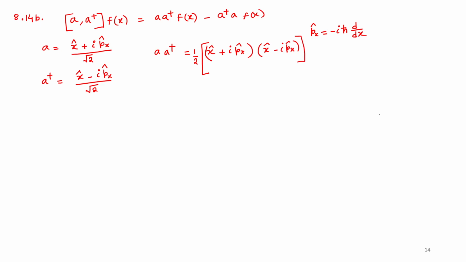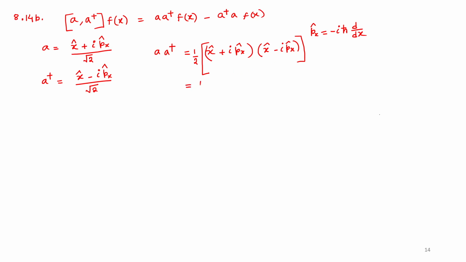If they were not quantum mechanical operators, then one could write x square plus px square. But that is not the case here. They are not constants. They are operators.